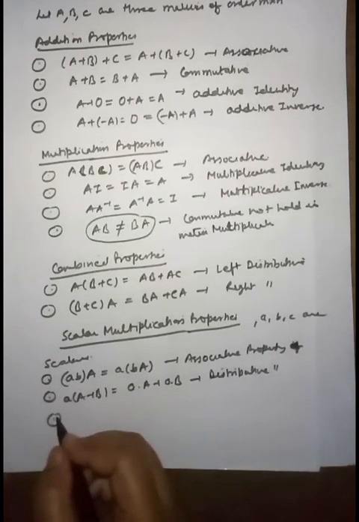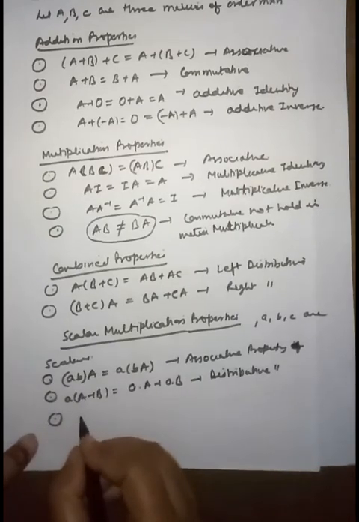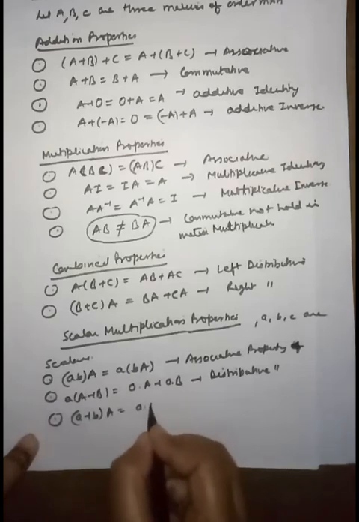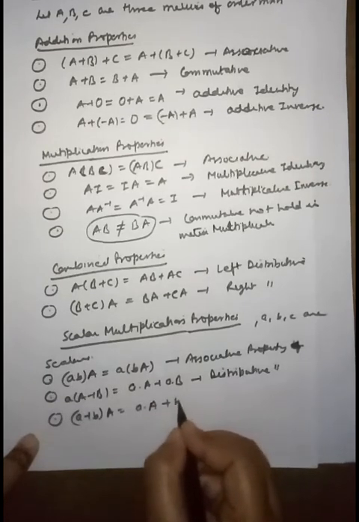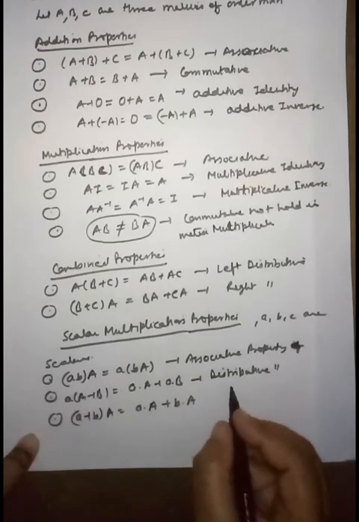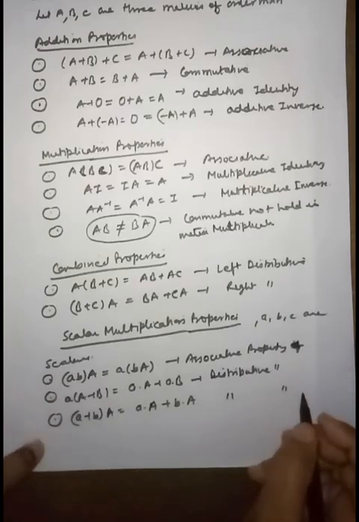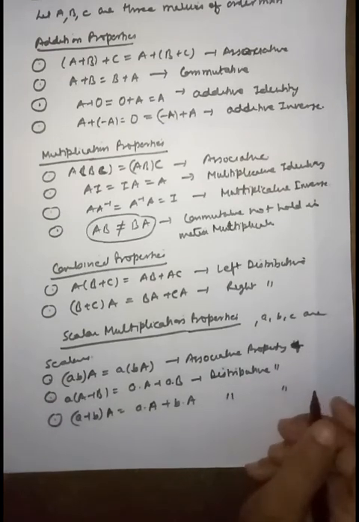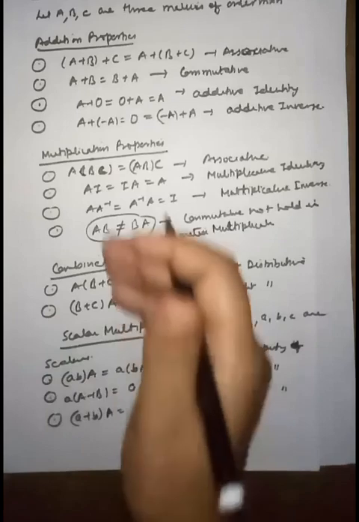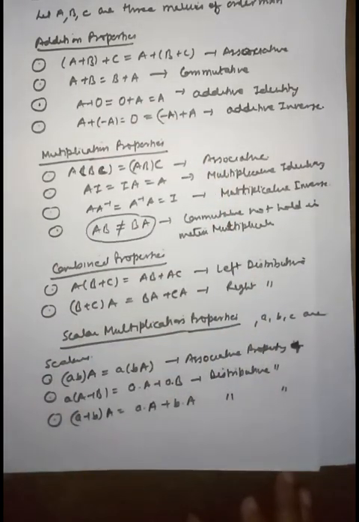Next, take it in this form, a(A plus B). This is also called the distributive property. So friends, these are the basic properties of addition, multiplication, and scalar multiplication, right friend?